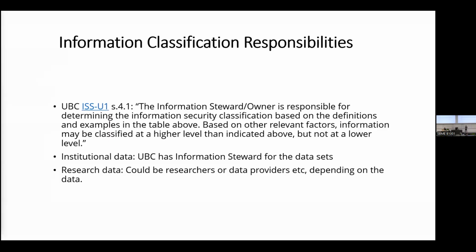In some cases, it's data that belongs to a lab, so the lab might be responsible. If it's UBC, then UBC becomes the information steward. But essentially, as a researcher, before you start collecting or processing data, just make sure that you've identified who's responsible for the information.